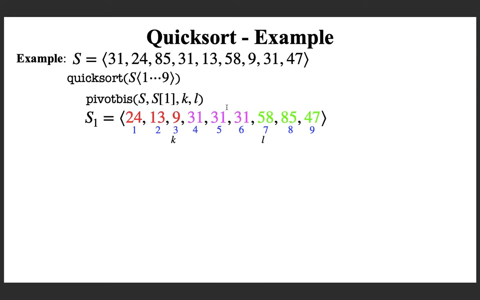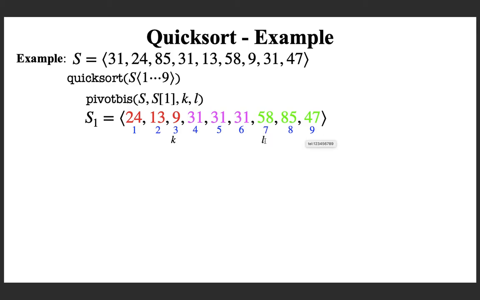What will pivot bis do? It will rearrange the elements of the given sequence and return a new sequence, say S1, such that in that sequence the pivot, which is 31, because S1 is processed as pivot, is placed in the required position, and before 31 you have all elements less than 31 and after 31 you have all elements greater than 31.